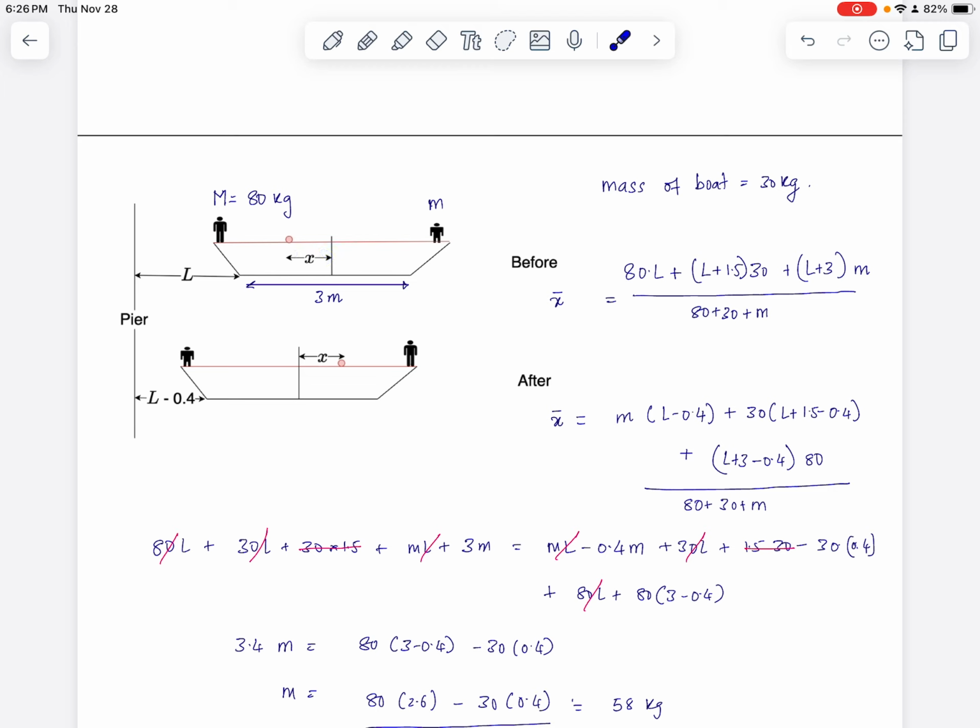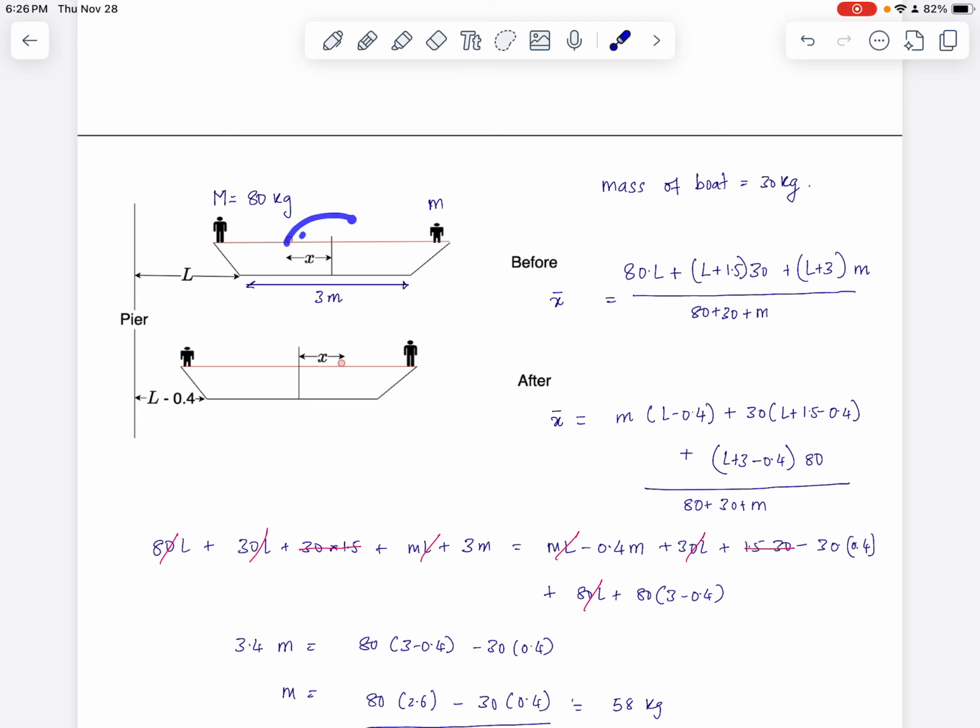Okay, so now when the man moves over, the center of mass just flips position, goes to the other side, and stays at a distance x from it. So what we need to do here is understand that if the center of mass has moved by 2x, the boat will move in the opposite direction to keep the center of mass in the same position.